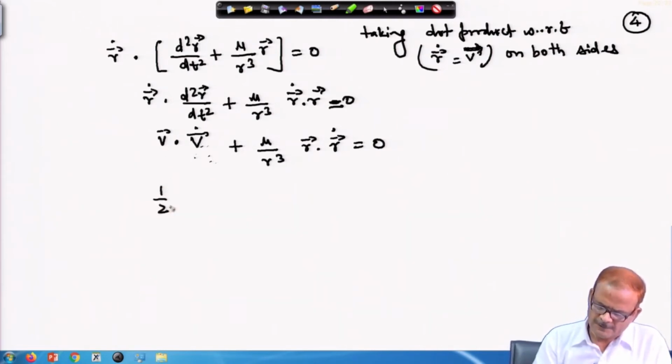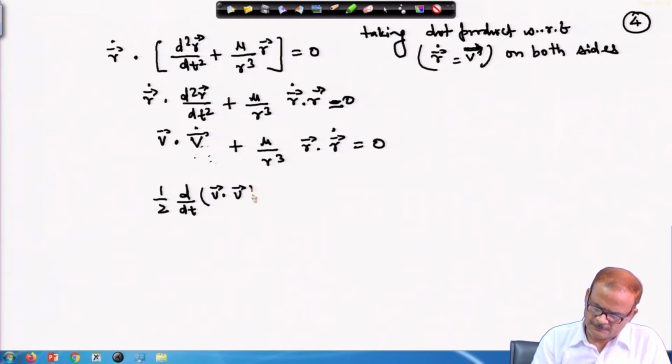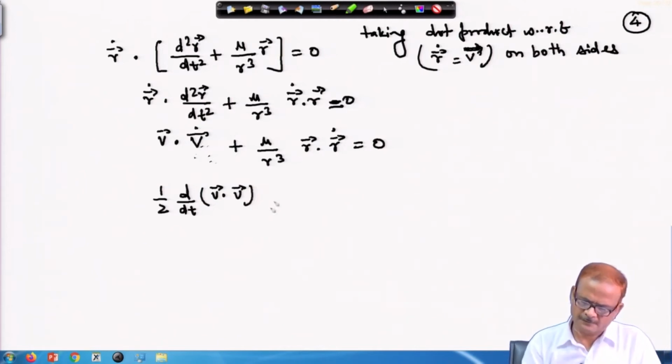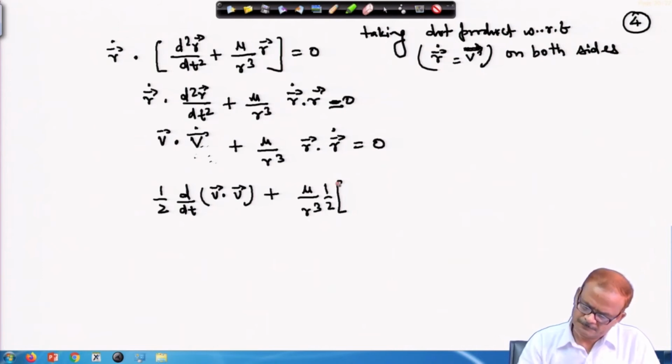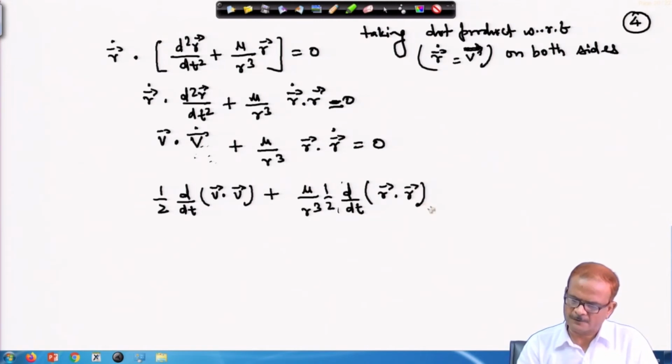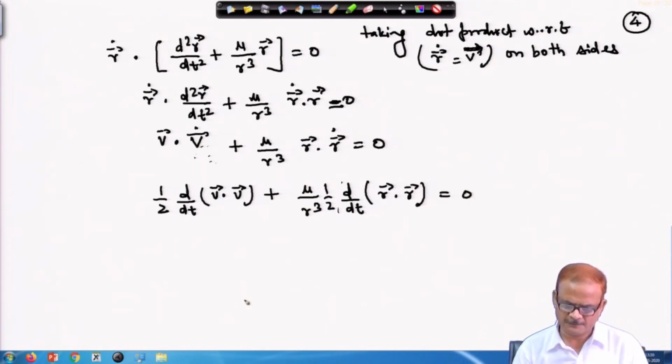And we know that this quantity is nothing but 1 by 2 d by dt of v dot v, and this quantity is also nothing but 1 by 2 d by dt of r dot r, right hand side 0.